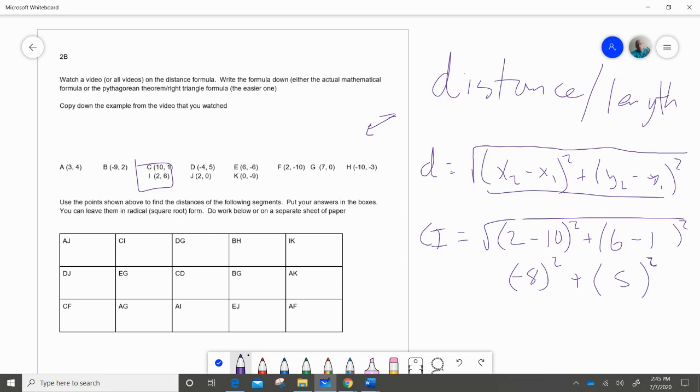So negative 8 times negative 8 is 64. 5 times 5 is 25. So 64 plus 25 is 89. Remember, this whole thing is underneath the square root, so the answer is going to be the square root of 89.